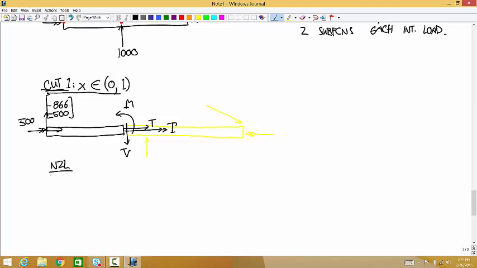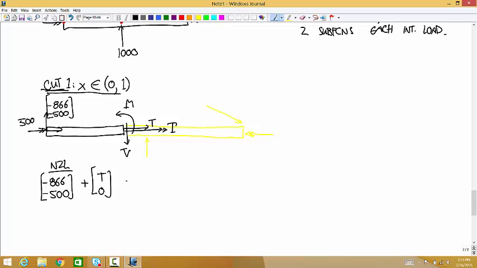Okay, so Newton's second law says add up the forces: negative 866, negative 500, plus this T is in the positive x direction, so that's positive T, 0.